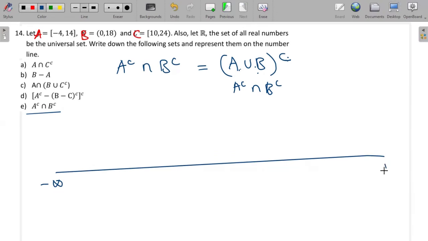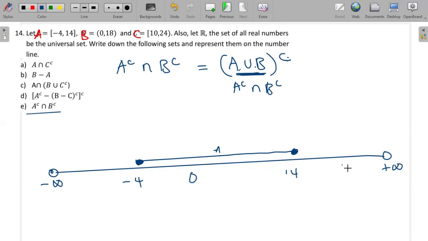But let's plot it before we are accused. So positive infinity, not included. I'm using this one to get the answer because it's faster. So A is minus 4 to 14. This is my A. And then I'm unionizing this with my B, which is 0 to 18. 0 not included, 18 not included.